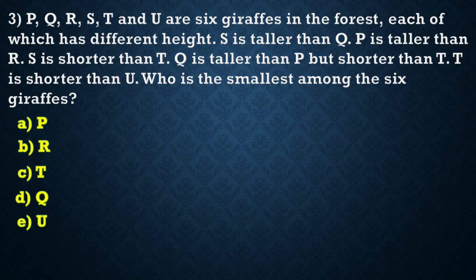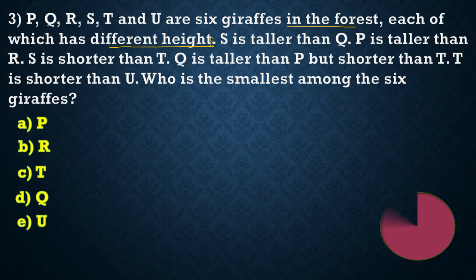Third question on your screen and your timer starts now. What does the question say? P, Q, R, S, T and U are 6 giraffes in the forest, each of which has different heights.